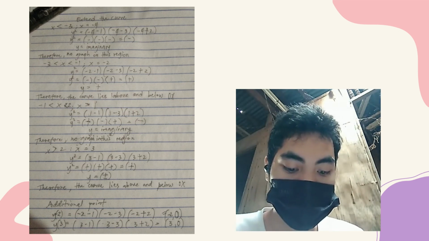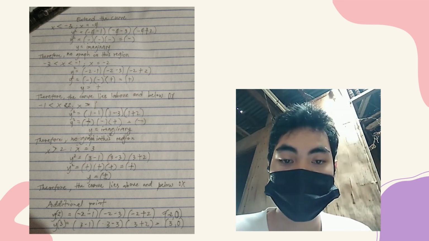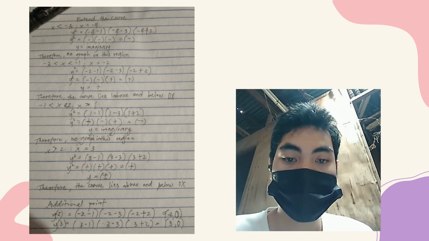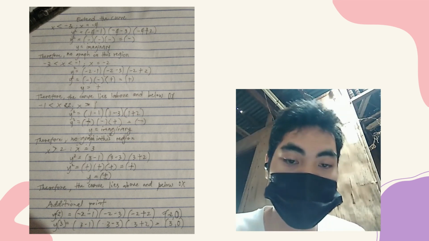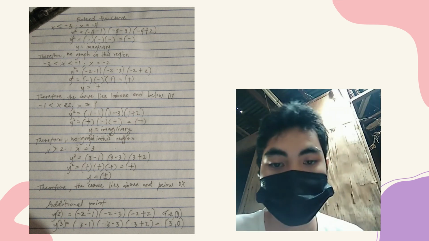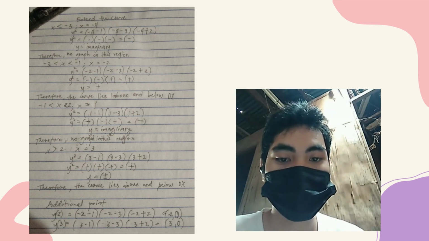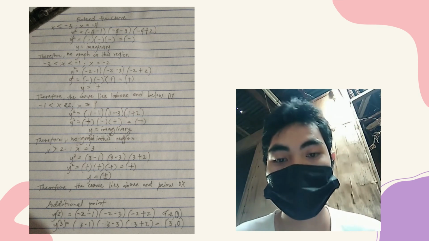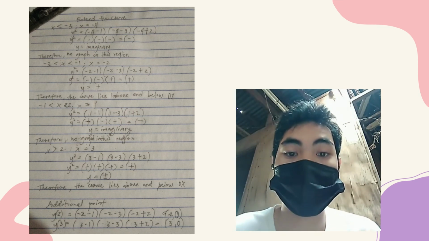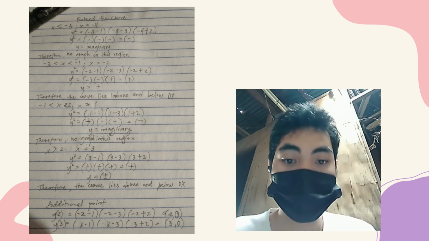And our signs here will be y squared equals to positive times negative times positive, and it will become negative. So y equals imaginary. So in this region, because it is imaginary, no graph will be formed.